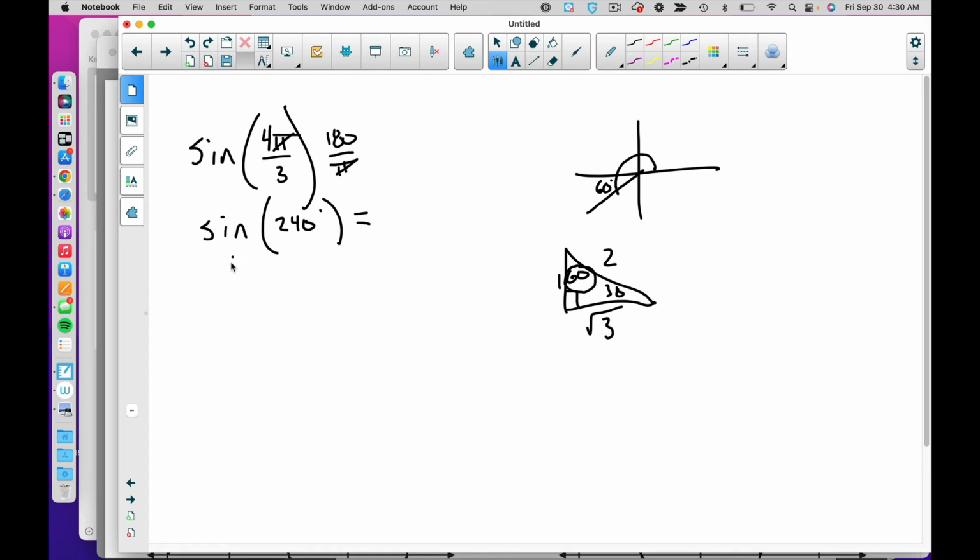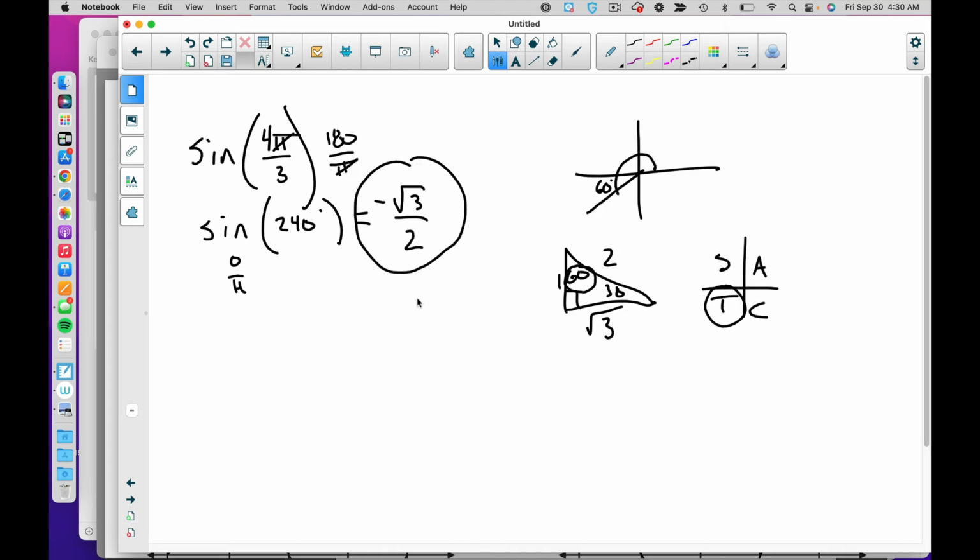We're using sine, which is opposite over hypotenuse. The opposite over hypotenuse is root 3 over 2. I think about my fourth quadrant. Tangent is positive, so that means that this is going to be a negative.